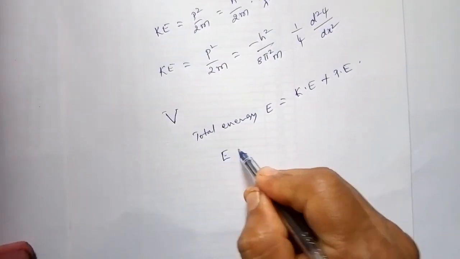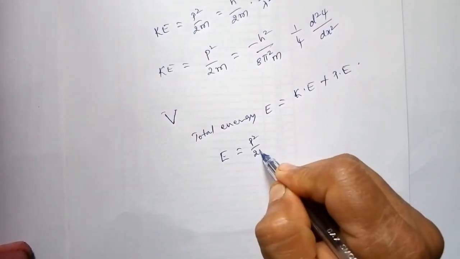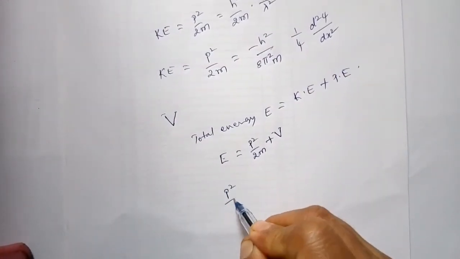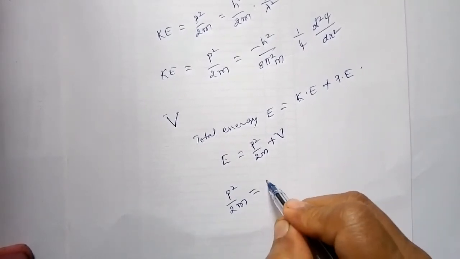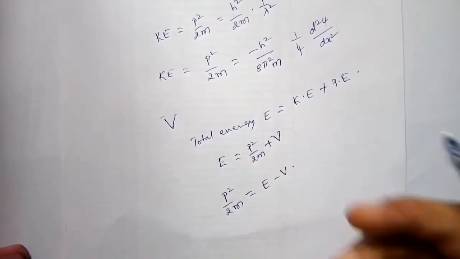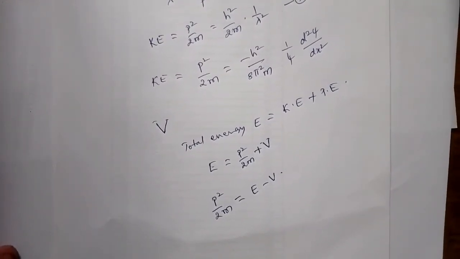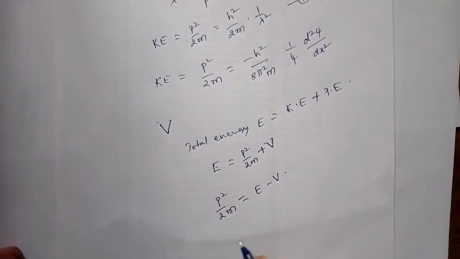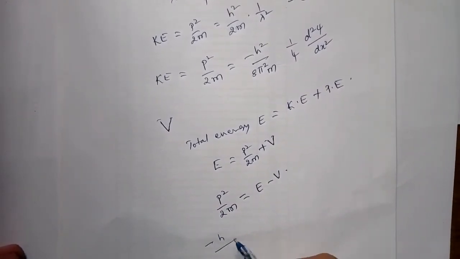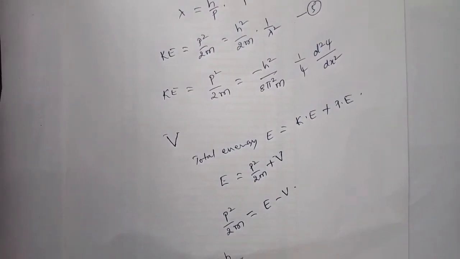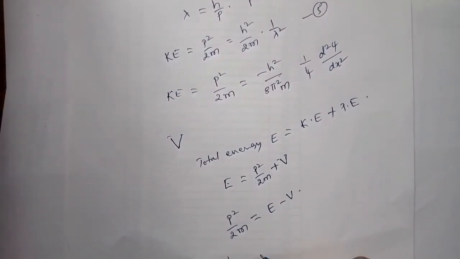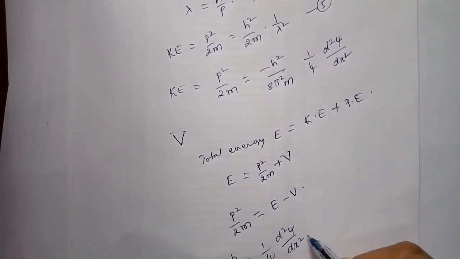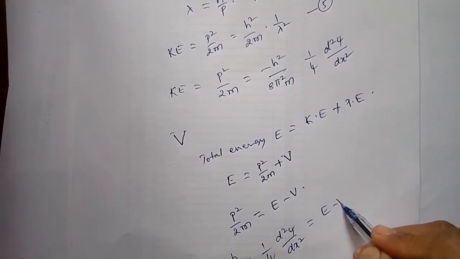So E is equal to p square by 2m plus V, or p square by 2m is equal to E minus V. Rearranging, on substitution of the value of p square by 2m, we will get minus h square by 8 pi square m, times 1 by psi d square psi by dx square, is equal to E minus V.